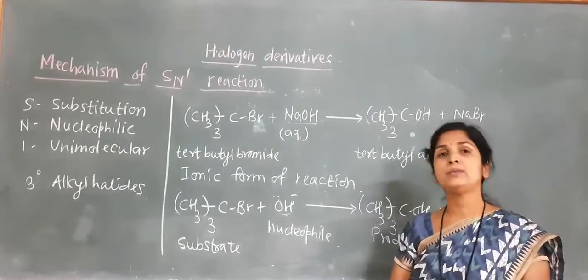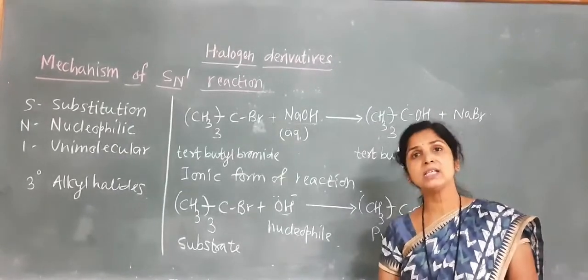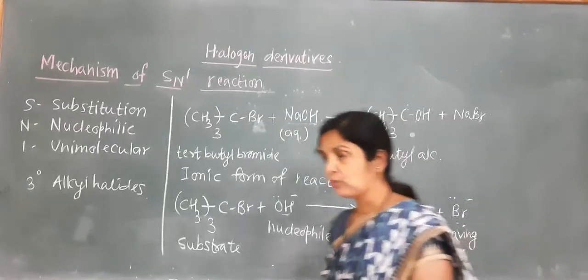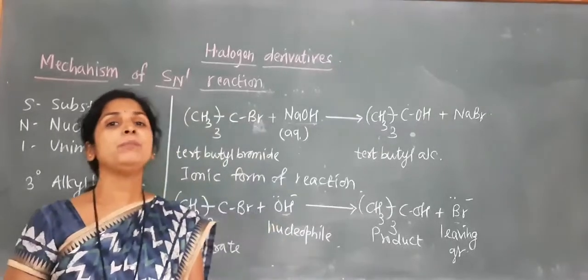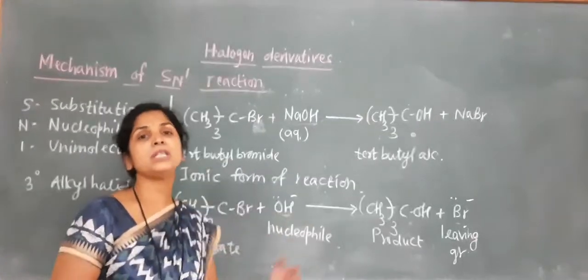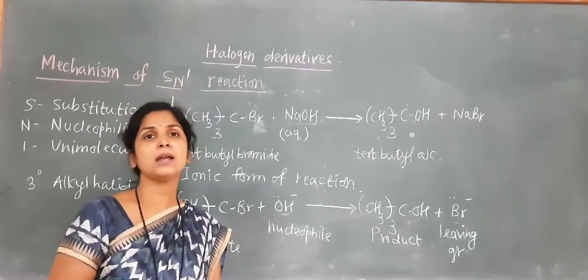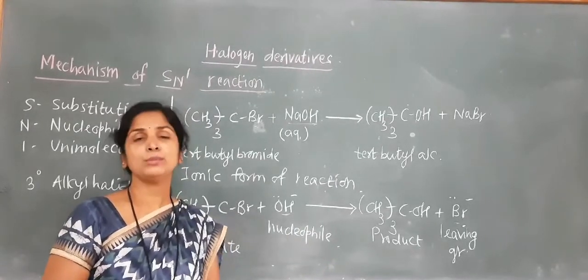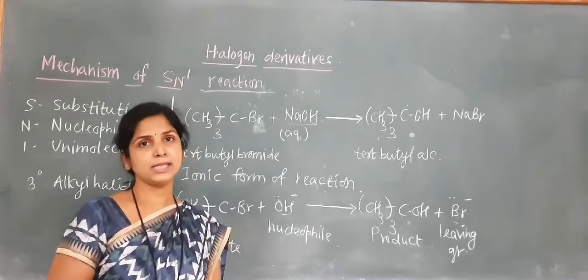Now the next part that we have to indicate is the rate of the reaction. In yesterday's lecture we said that the rate depends on the factors where, out of all the different steps, the slowest step is the rate determining step.